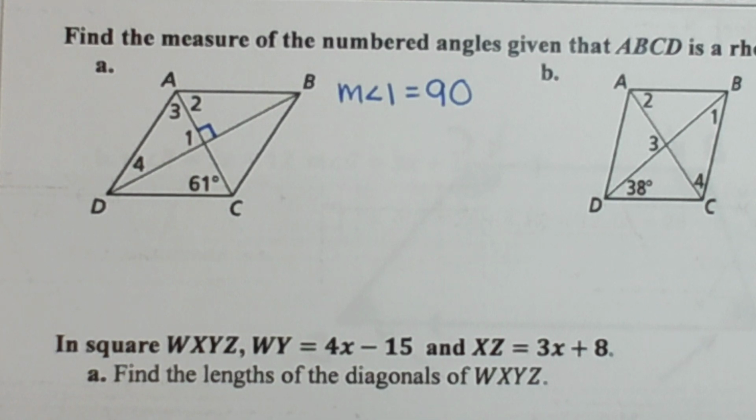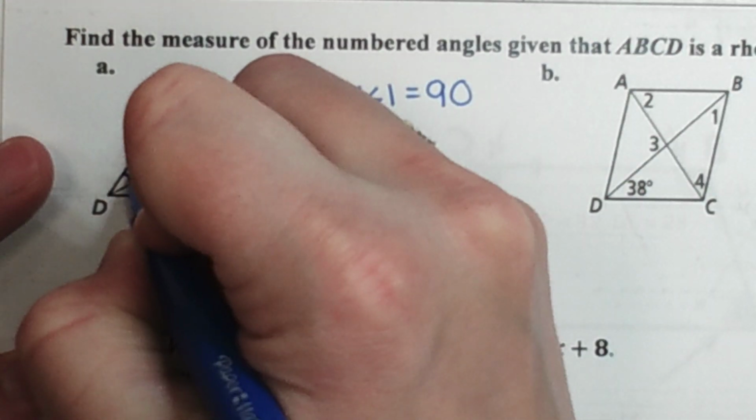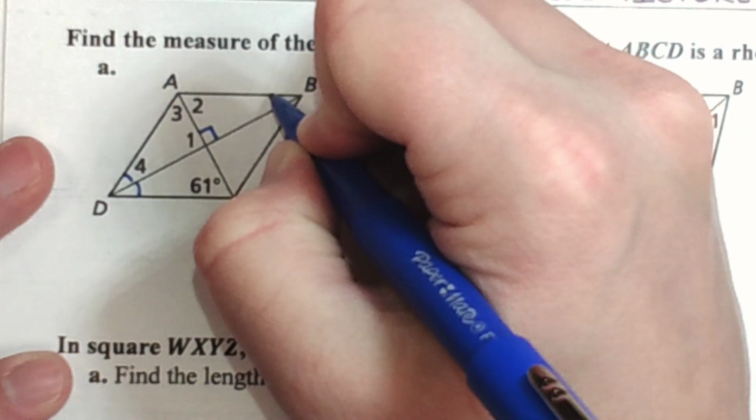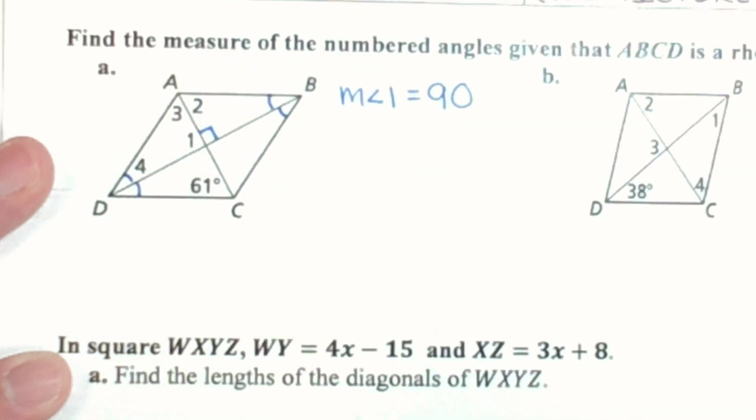The other thing I know is that the diagonals cut the corners in halves and opposite corners were the same in the first place. So this is congruent to this, is congruent to this, is congruent to this.